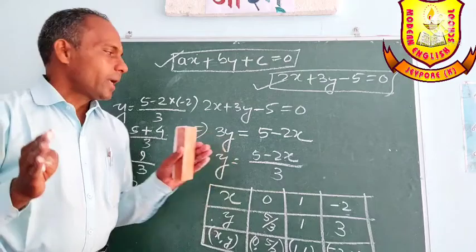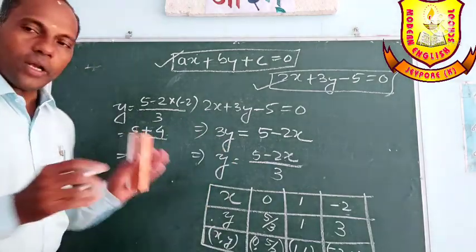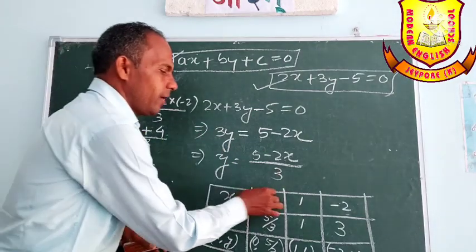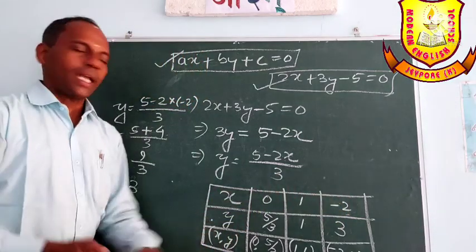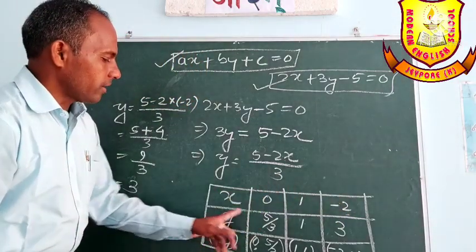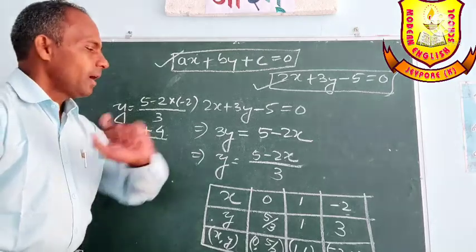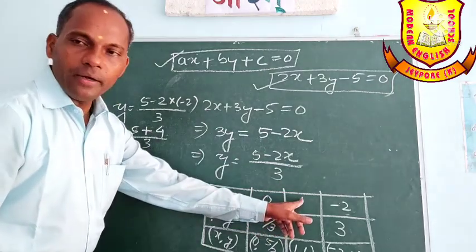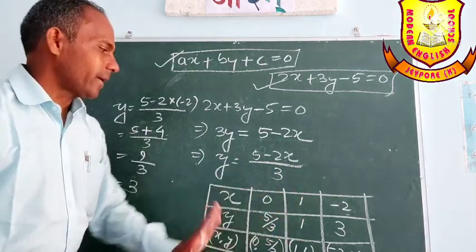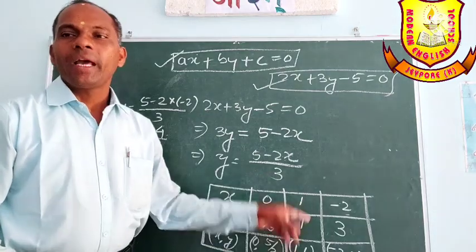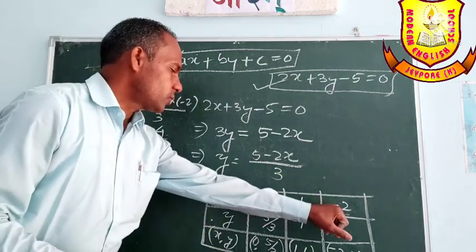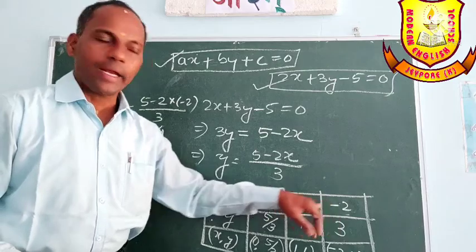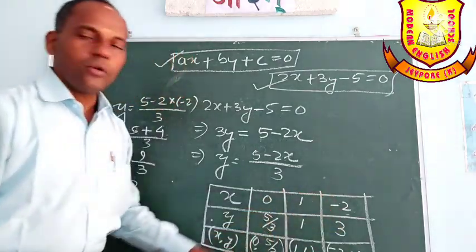Here you can observe that any value of x you take, because I have taken 0 and I got y equal to 5 by 3. I have taken x equal to 1 and I got y equal to 1. I have taken minus 2 for x and I got 3 as the value of y.